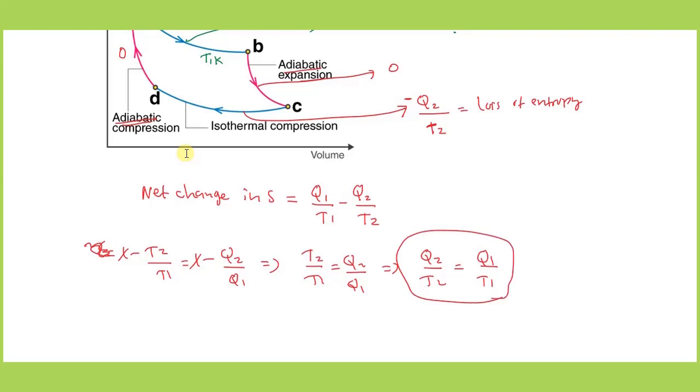Okay, so if I substitute this in this equation, the net change in entropy will be equal to 0. So in a Carnot cycle, the net change in entropy is 0.